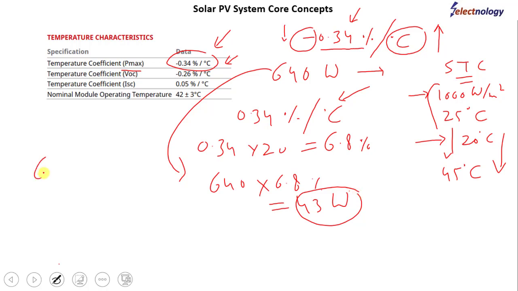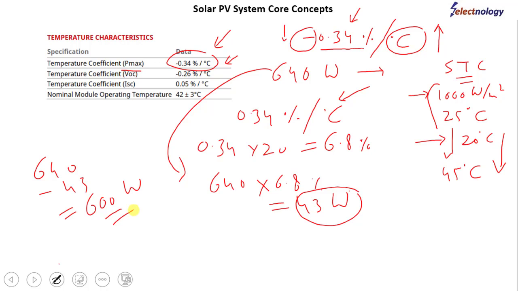In other words, if we subtract 43 from 640, this is approximately 600 watts. So the change of 20 degrees centigrade has brought the rated power of the PV module to 600 watts. So in our calculations, we shall be using 600 watts, and that shall be a very fair value to use in case you want to conclude the rated power or some other thing, okay.